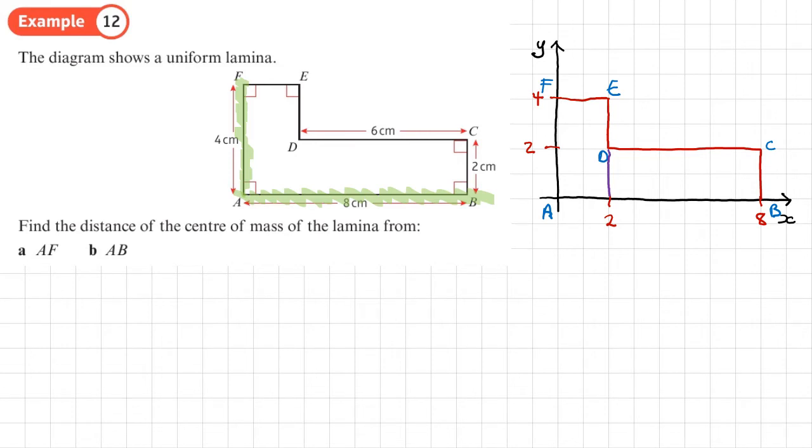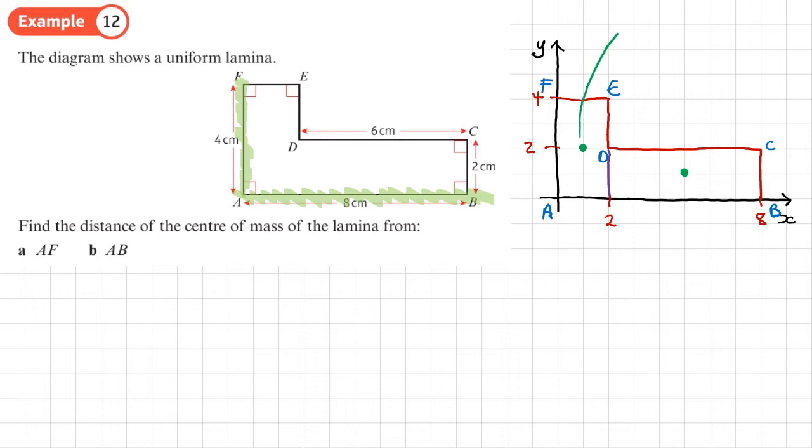Now I'm going to find the center of mass of each of these, and I can do that by symmetry. So for this part of the rectangle, it's going to have a center of mass there. I can write that coordinate down. And for this part of the rectangle, it's going to have a center of mass there.